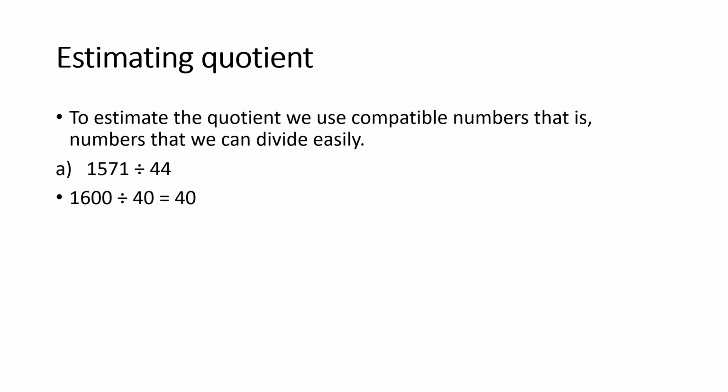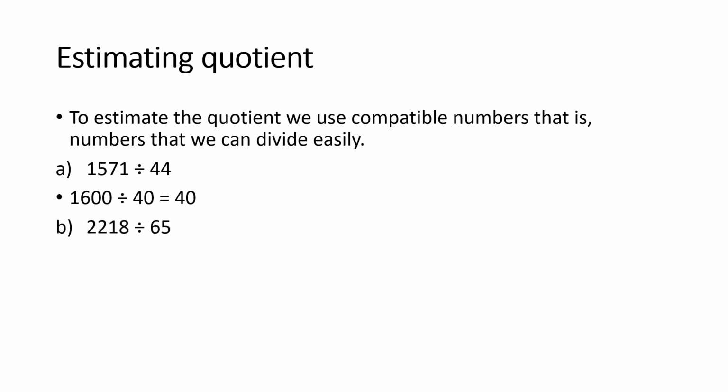We can easily divide now, and it is fully divisible also. So we have to write down the compatible number. It means 44 will be 40, and according to 40, the fully divisible compatible number of 1571 is 1600.